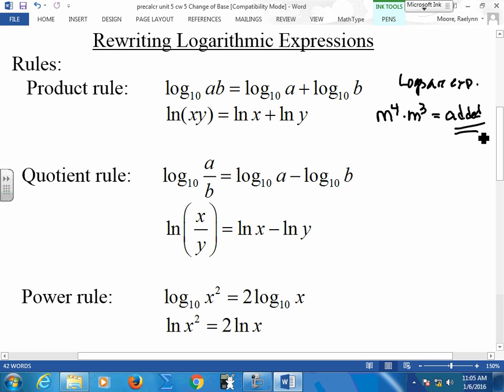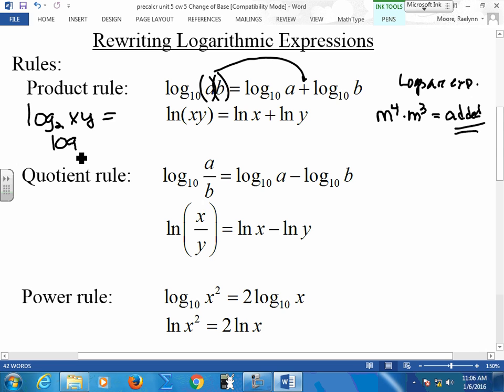So when we do a product for your logs, they're like exponents, we're going to turn it into an add. So your product says just take the 2 factors and separate them. Turn it into an add. Regardless of what base it's in. I could do base 2. I'll say x times y.